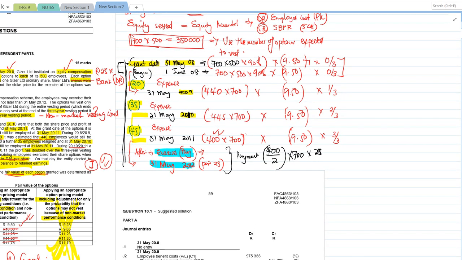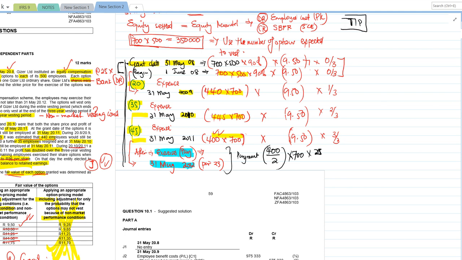Now, I want to also give you a tip, guys. If any of this did not change, meaning the number of options expected to vest did not change, it was the same from the beginning to the end, and it's just 3 years or 4 years, you can actually just calculate that one figure and divide it by 4 years, because it's just going to be the same expense for all the years, right? So let me put it as a tip.